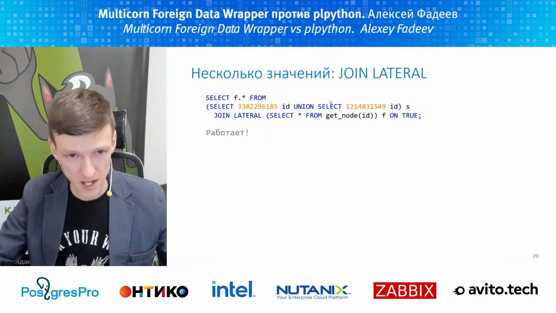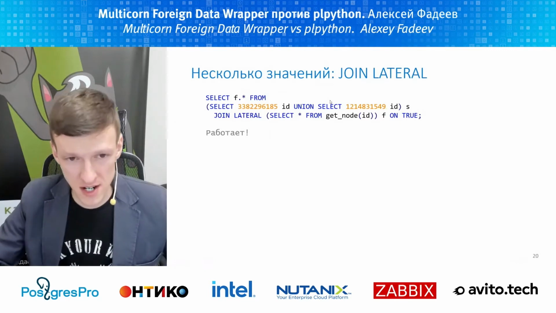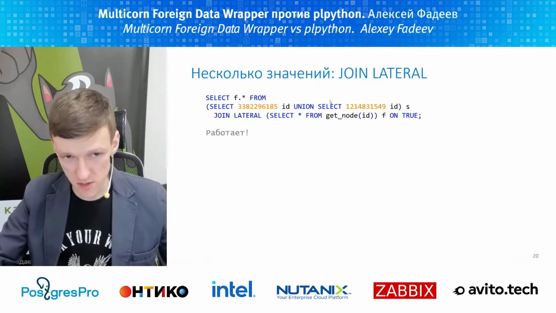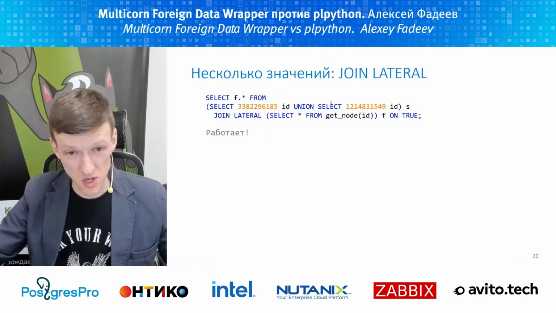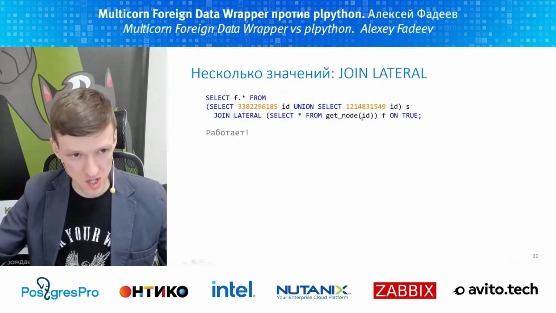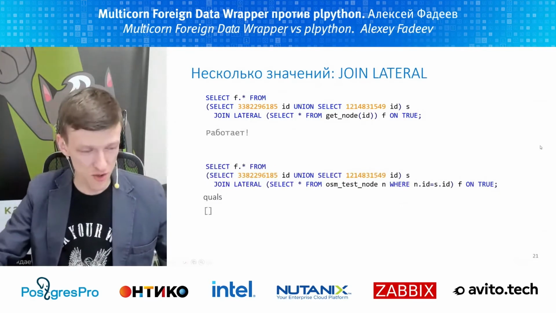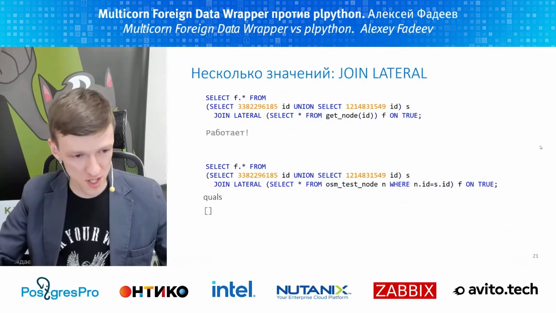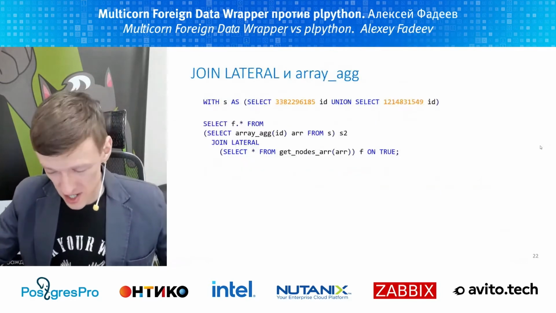If in the table we have several identifier values, I wanted to join them and get hold of data from OpenStreetMap. This query works here. In this very case, we call the function getNode per identifier, it will be called for each string. The same query for Multicorn FDW doesn't work. Nothing comes to the condition, to the ID.